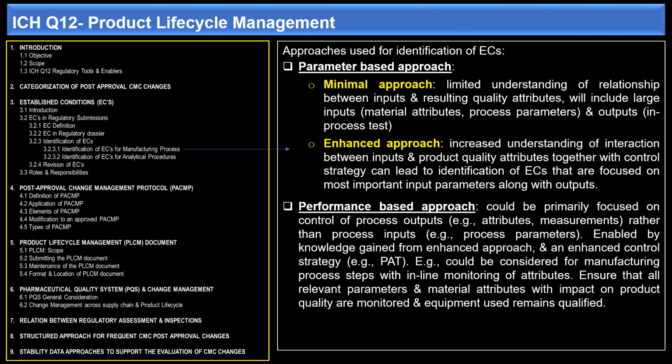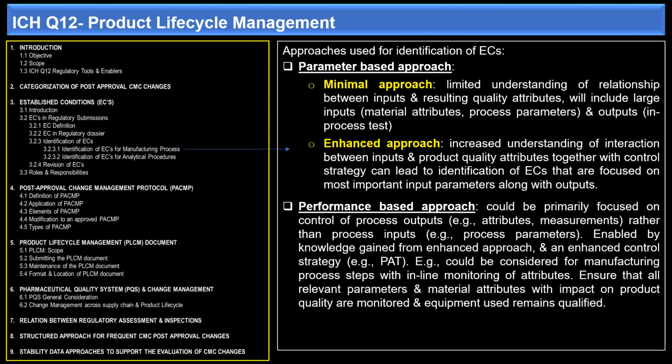The second approach is a performance-based approach, which is primarily focused on control of process output rather than the process inputs, that is, attributes and measurements. It is enabled by knowledge gained from the enhanced approach and an enhanced control strategy like PAT. So it could be considered for manufacturing process steps with inline monitoring of attributes.